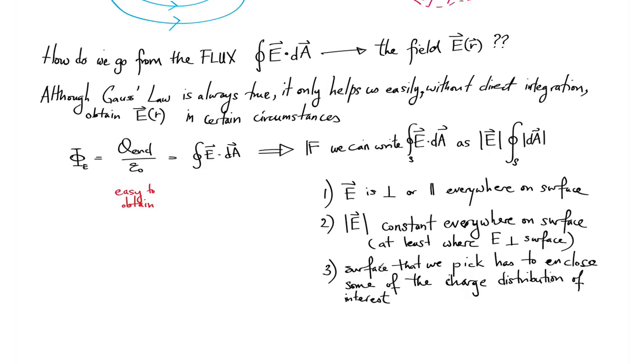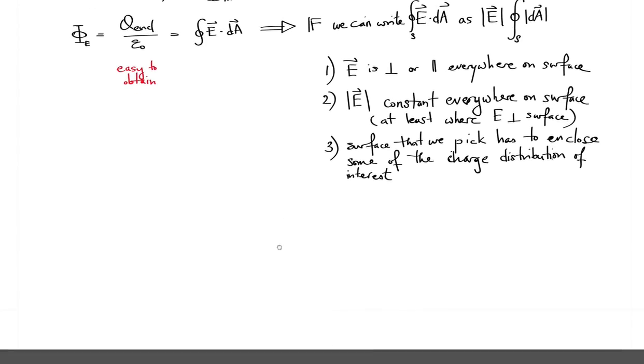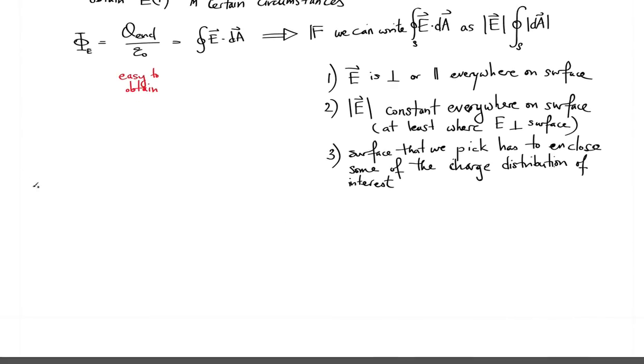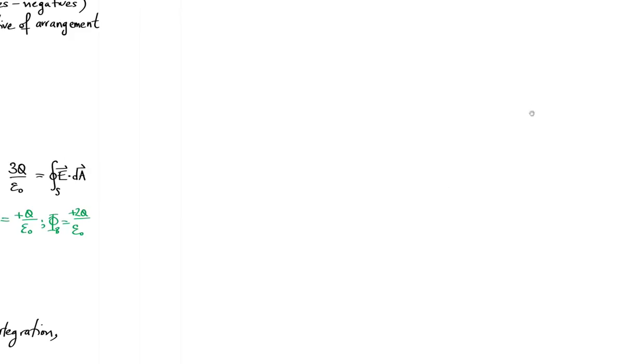All right. So it turns out there are precisely three situations where we can use these conditions to easily get the electric field by using Gauss's law. And so I'm going to start a new page. Basically these are when you have perfect spherical symmetry, perfect cylindrical symmetry, and perfect planar symmetry.